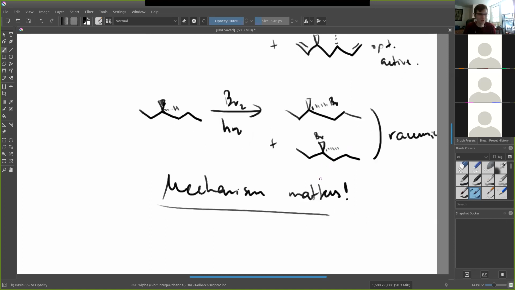From now until the time you finish organic chemistry, people will be asking you, what is the product of this reaction? And tell me whether it's optically active, if it's racemic, if it's enantiomerically pure, all this sort of stuff. You need to keep an eye out for that, and you need to think about how the mechanism affects what you get out at the end.